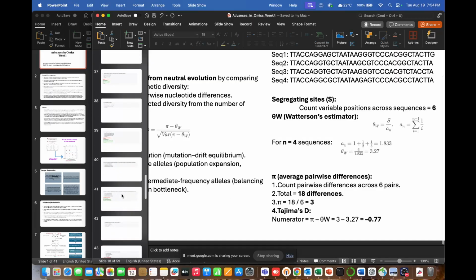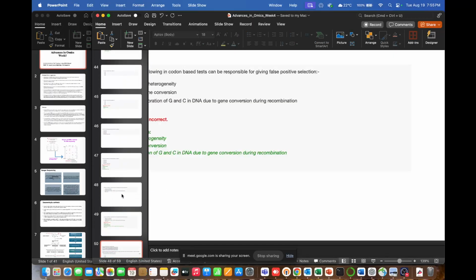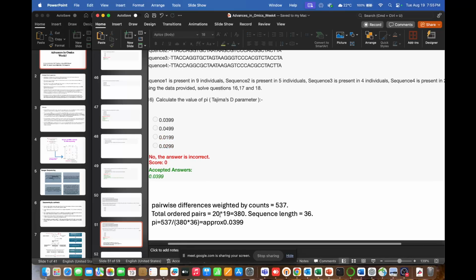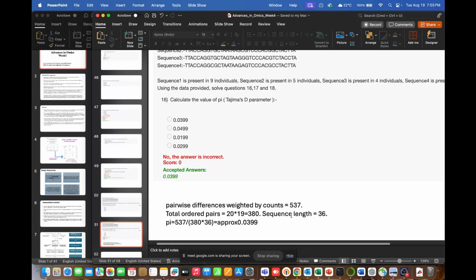Same thing we are doing here. The total number of differences, in this case, is weighted because there are a certain number of individuals. So that comes to 537. The total number of pairs, the number of combinations you're doing, will come as 380, and the sequence length comes as 36. So if you do this, the answer will be 0.0399.